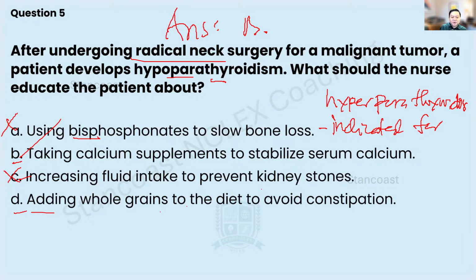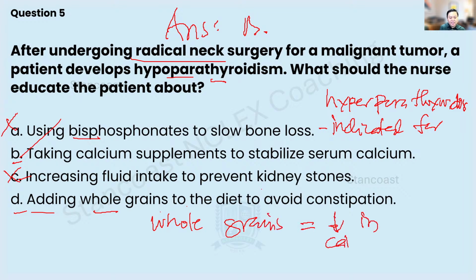And another thing is that whole grains may also decrease the calcium absorption. Take note about this. Whole grains can lead to a decrease in calcium absorption in the GI tract. So this is not going to help the patient that already has hypoparathyroidism. Okay? Not going to be helpful. So we are going to select letter B.